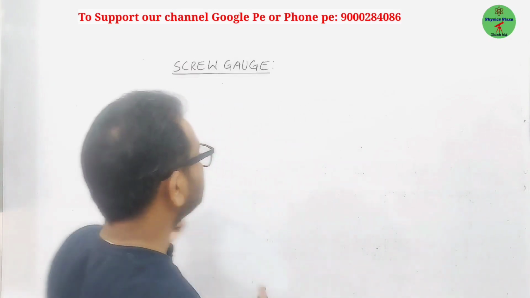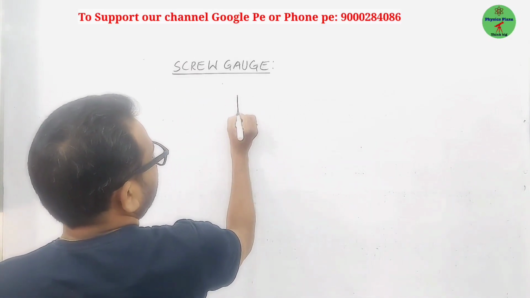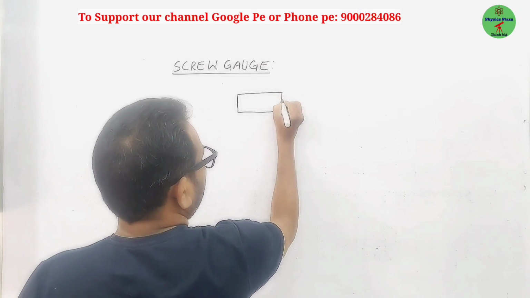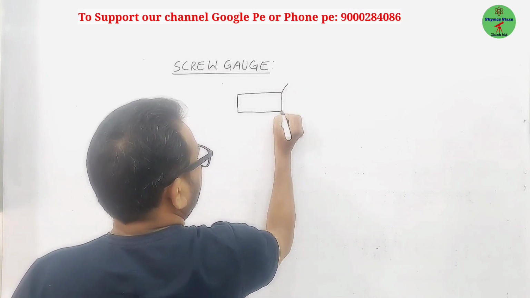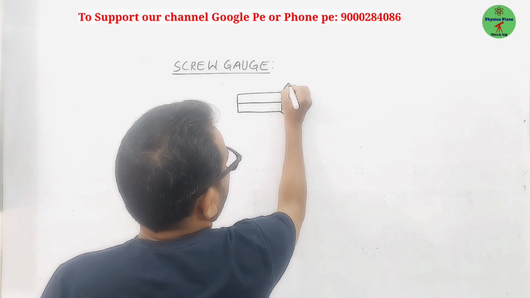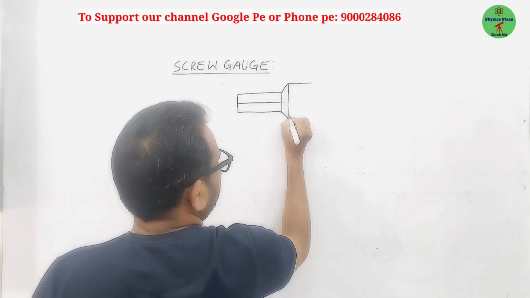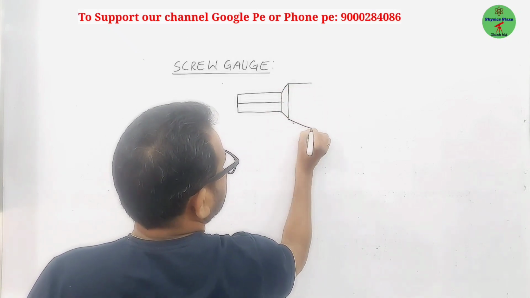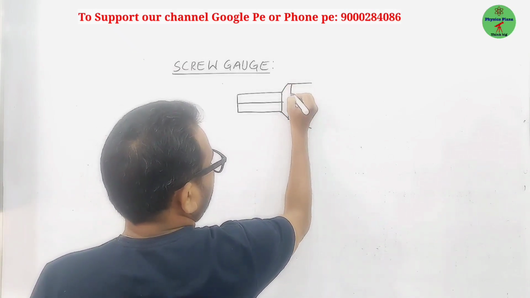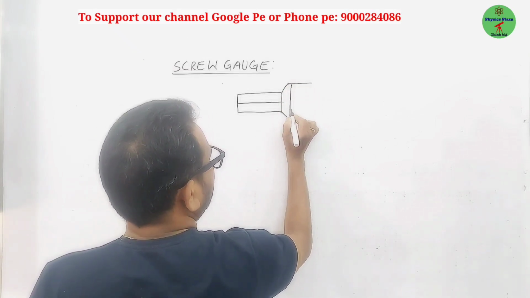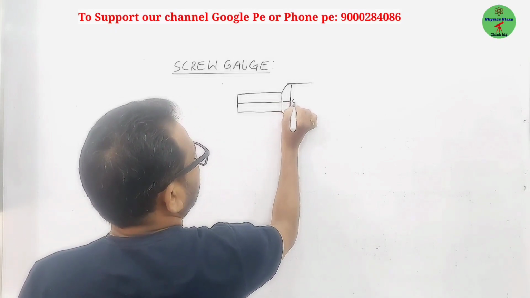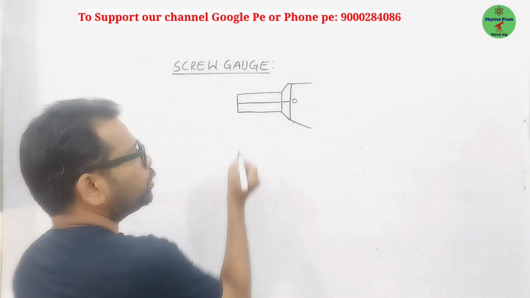In that case, look here. Here we have two scales, right? The head scale, and for us the reference line is the baseline. Try to understand. For the circular scale, a zero reading will be there.